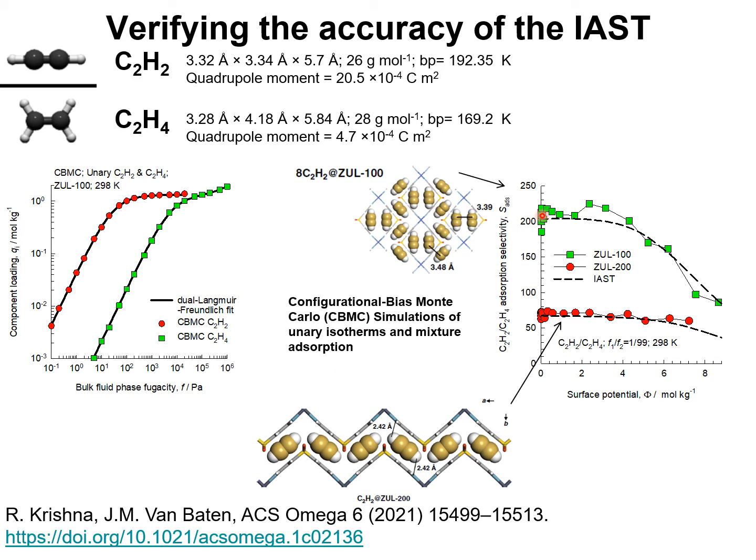The mixture adsorption equilibrium data are used to determine the selectivity of ethyne to ethene for ZUL 100, shown by the green squares, and ZUL 200, shown by the red circles.